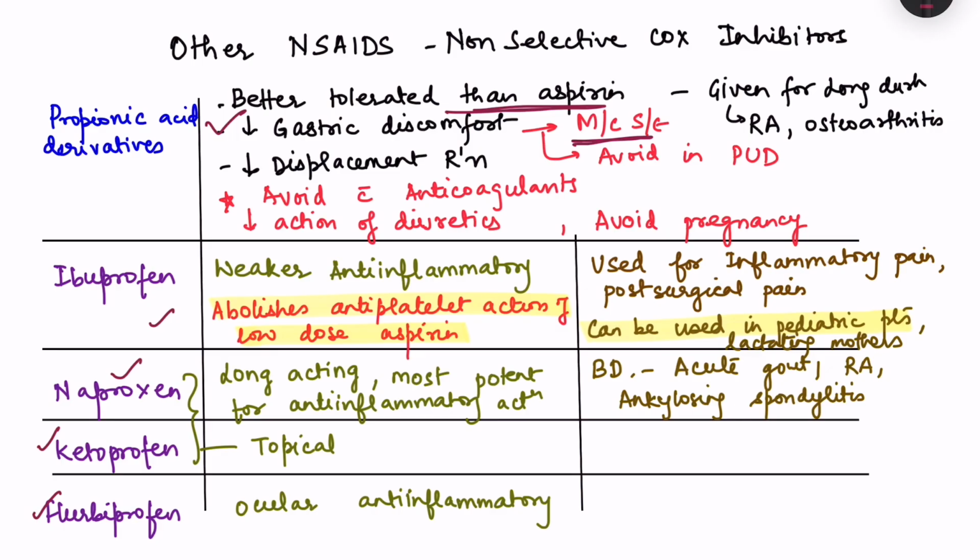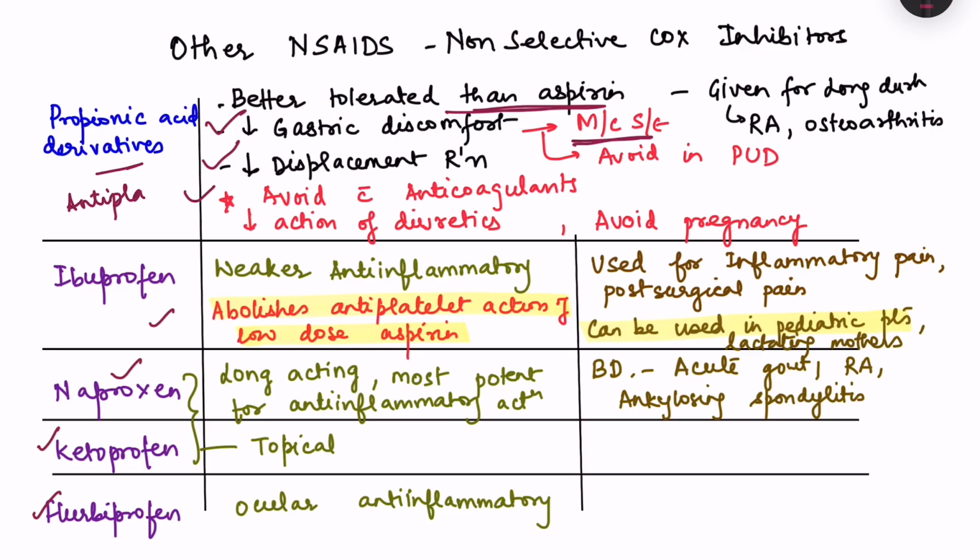They also cause less displacement reaction. We have seen in aspirin that it is protein bound, and if it is given with other protein bound drugs, then those drugs will be displaced and it can lead to toxicity of those drugs. On the other hand, propionic acid derivatives cause less displacement reaction, but still they are avoided with anticoagulants because, like other NSAIDs, these also have antiplatelet action.